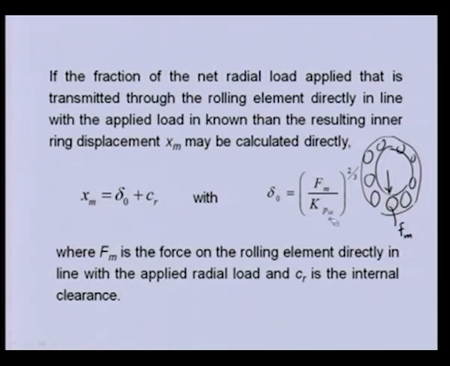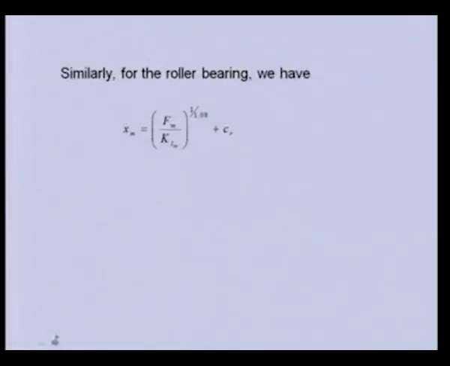So we can get it using the Hertz relation, in which the exponent will be 2 by 3, and in this particular case C is the radial clearance of the bearing. Similarly, for roller bearing, we will have a relationship between the deformation of the maximum loaded roller like this, in which the exponent will change, and this is the radial clearance of that particular roller bearing.